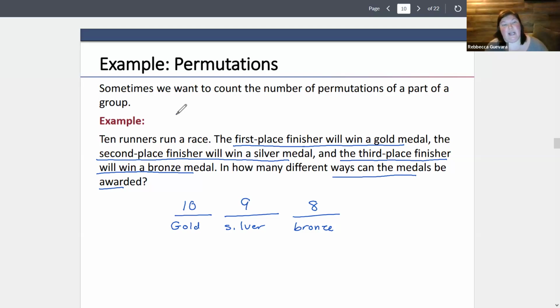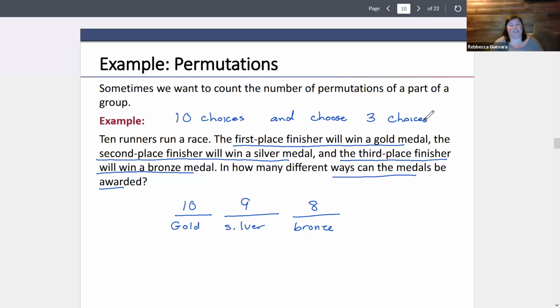So this is an example where I had 10 choices, and I'm going to choose only 3 of those choices. This is where we talk about things like 10 choose 3 or 12 choose 8. We're talking about how many I am actually taking.